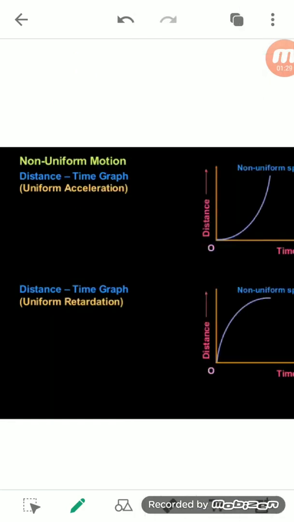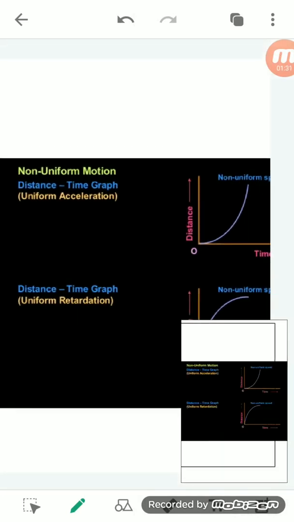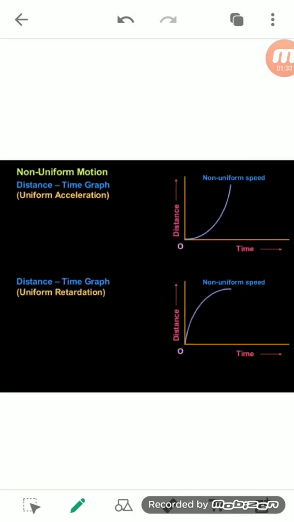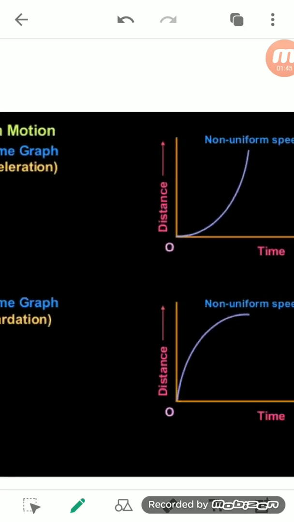Now see here, the next one is the non-uniform speed. We have seen that if the speed of the body is uniform, then its distance time graph is a straight line. If however the speed of the body is non-uniform, then the graph between the distance traveled and the time taken is a curved line.